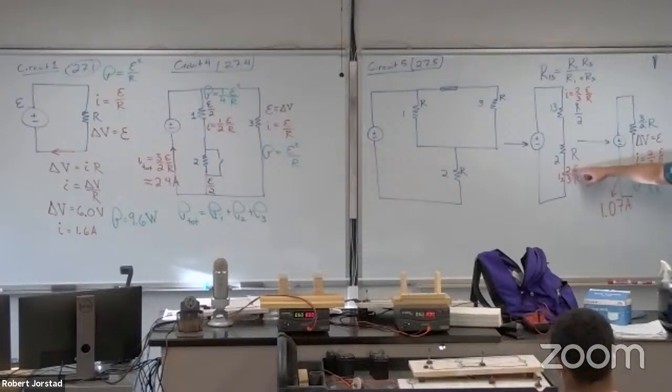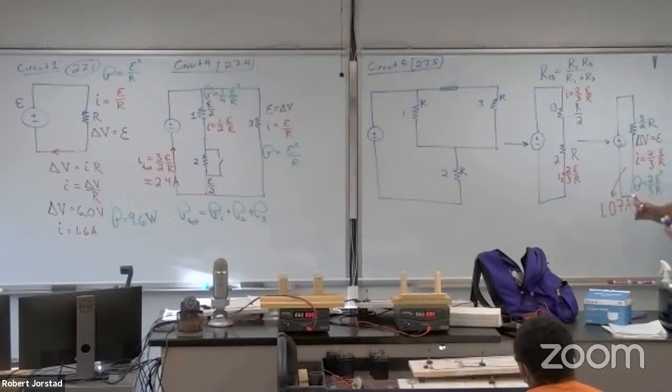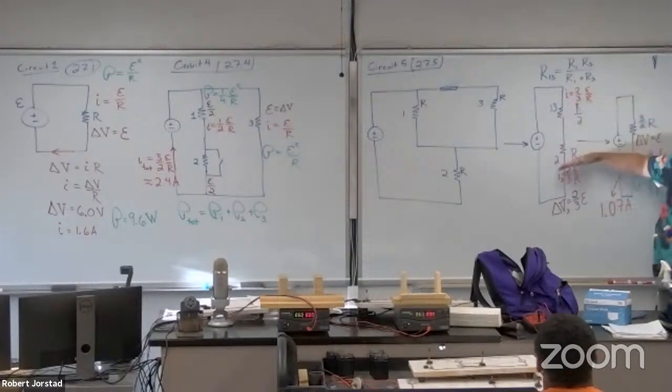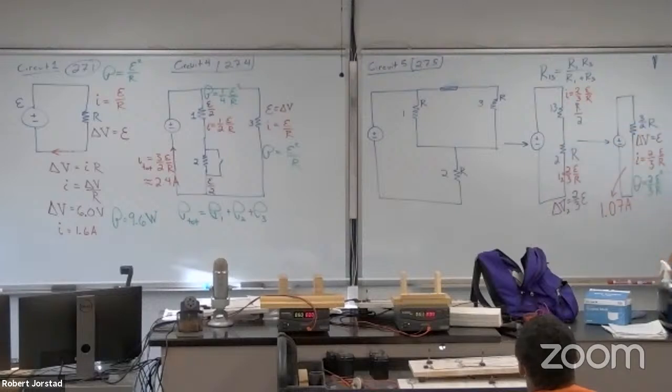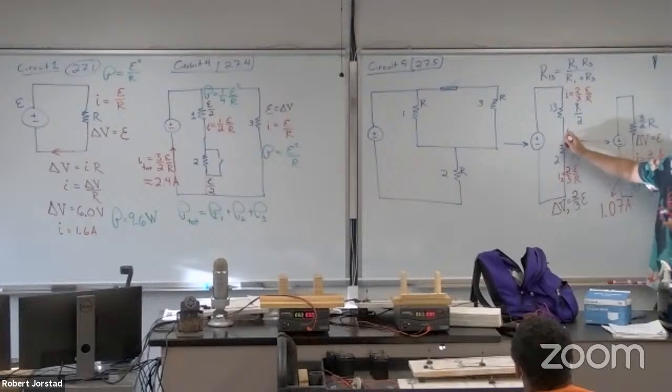Don't overthink. 2/3 E over R times R is how much? 2/3 E. So how much is left for this one? This one has 2/3 of the voltage, and they're in series. So 1/3, or 2/3 times 1/2 is 1/3 E.